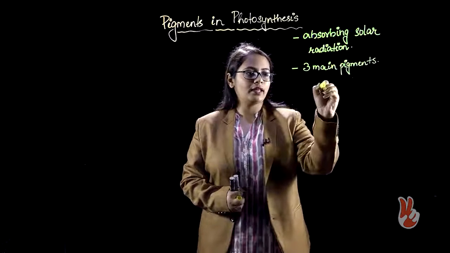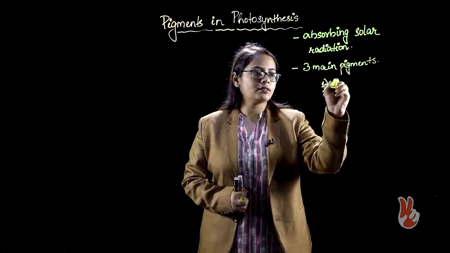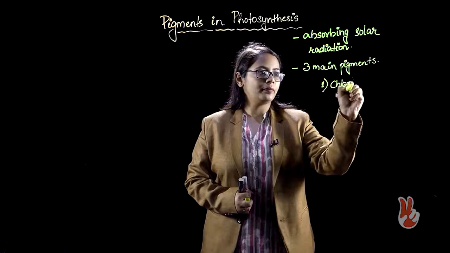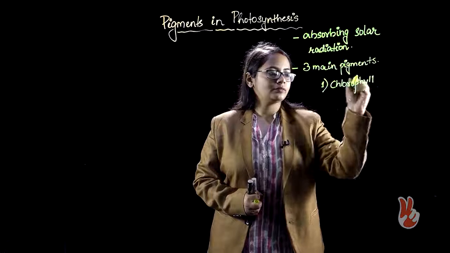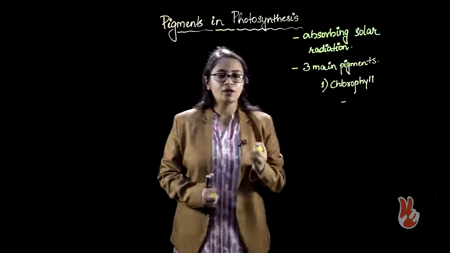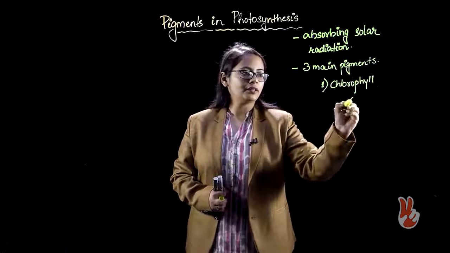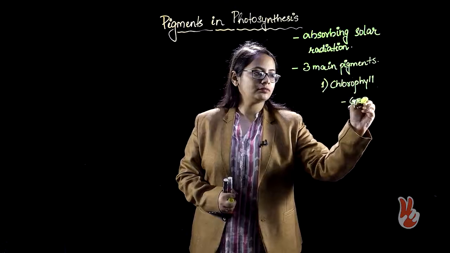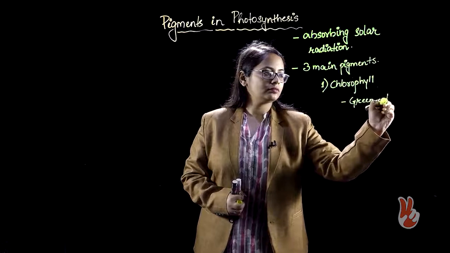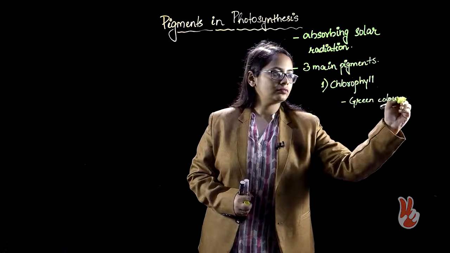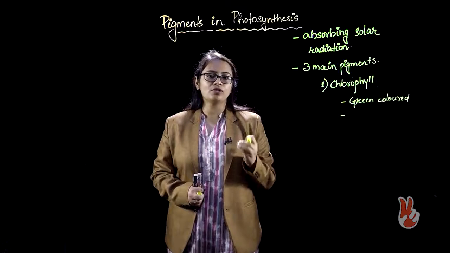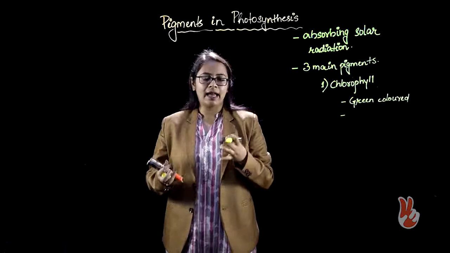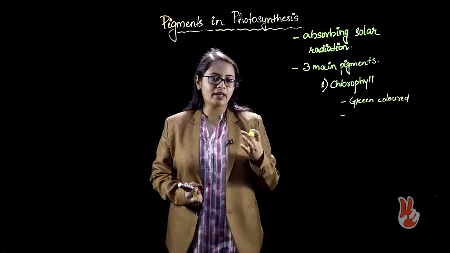The first and the most important is chlorophyll. Chlorophyll is a green colored pigment and is present in almost all photosynthetic organisms.